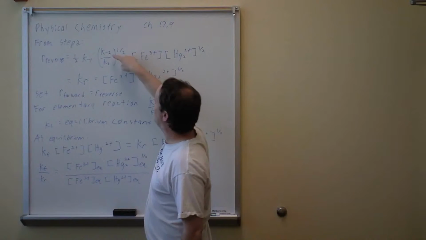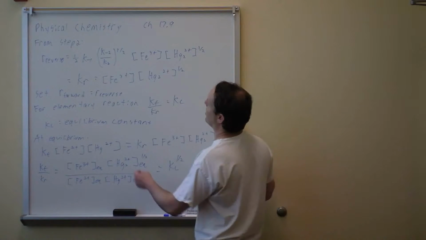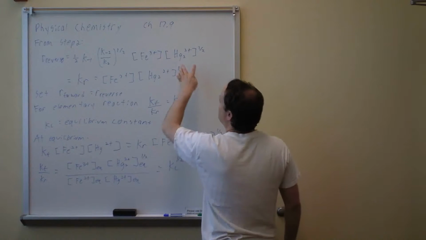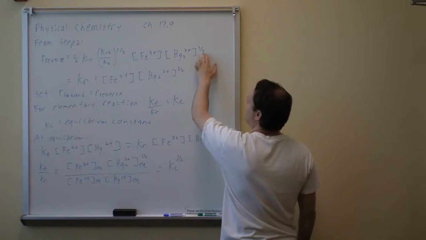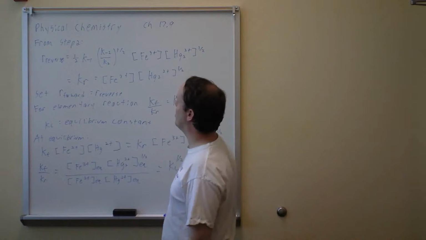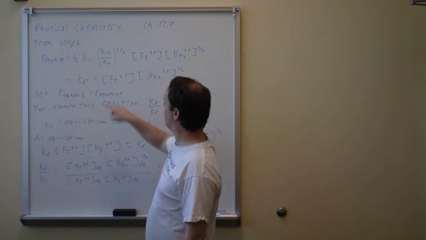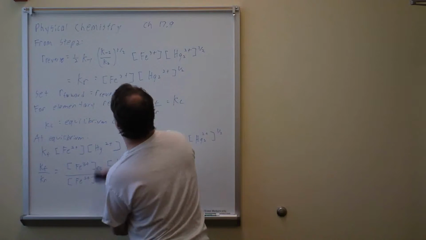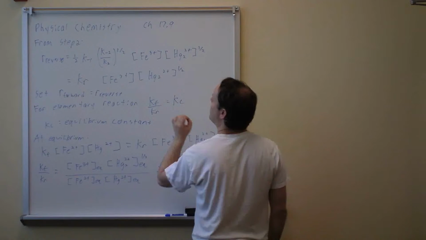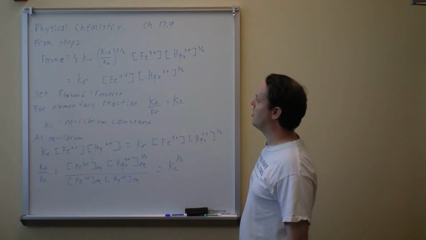So then we have k of the reverse reaction of the second step divided by k of the forward reaction of the second step, to the 1/2 power, times the concentration of Fe3+ times the concentration of Hg2 2+ to the 1/2. And then we can simplify that, combining all these constants into one constant called the reverse rate constant. So the rate of the reverse reaction is just k reverse, multiplied, not equals, by the concentration of Fe3+ times the square root of the concentration of Hg2 2+.